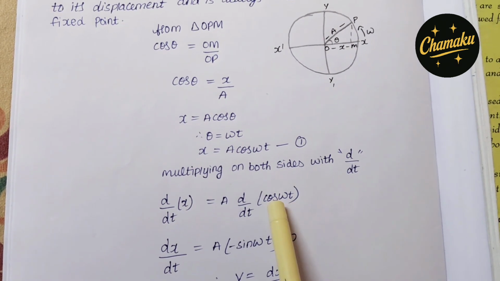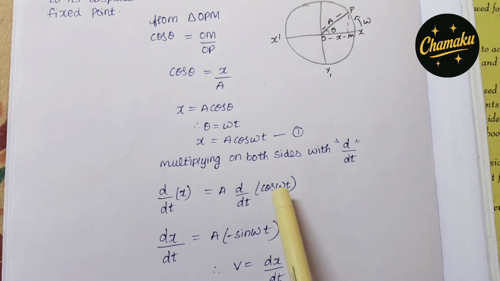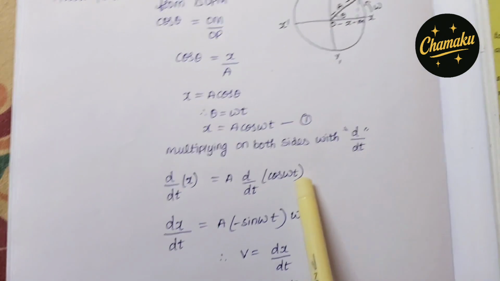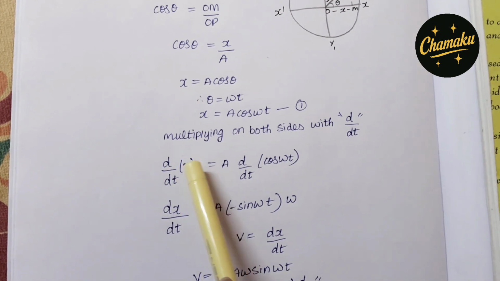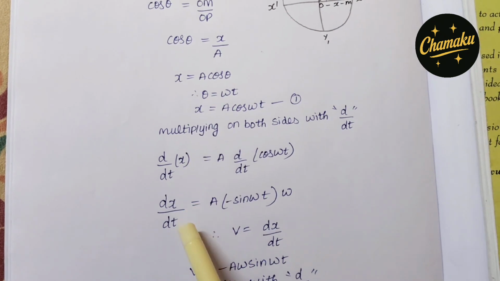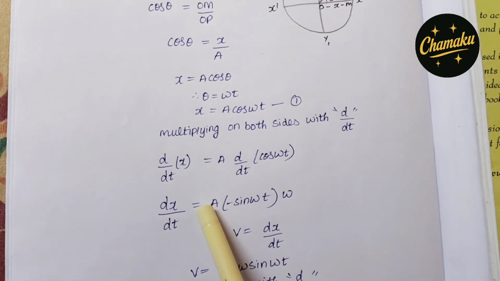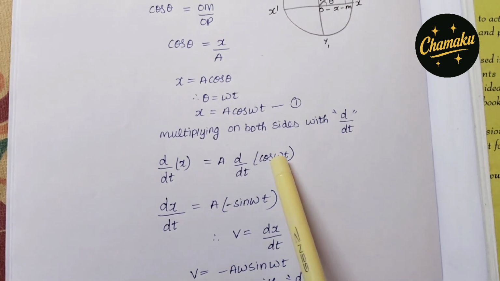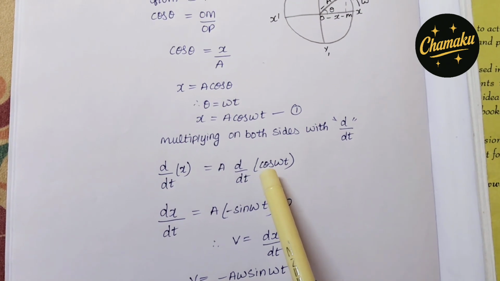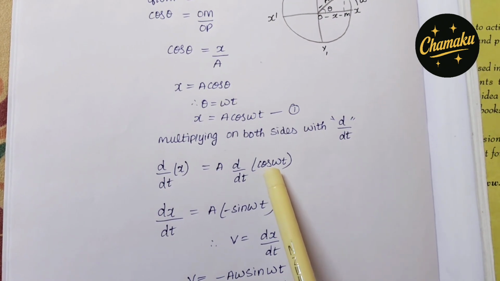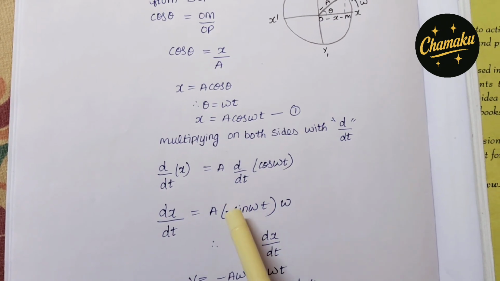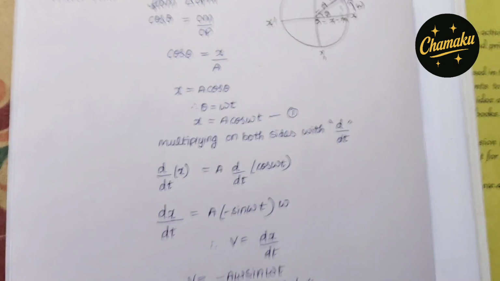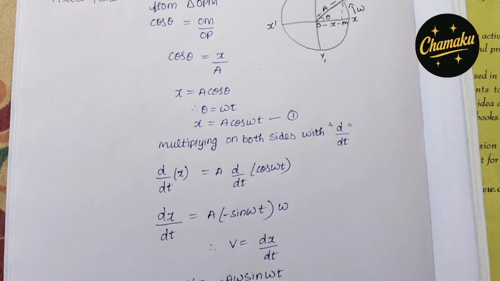Make sure you keep these values in brackets. So dx by dt is equal to a into, if we apply differentiation for cos, we will be getting a minus sign. Okay, so please remember this.